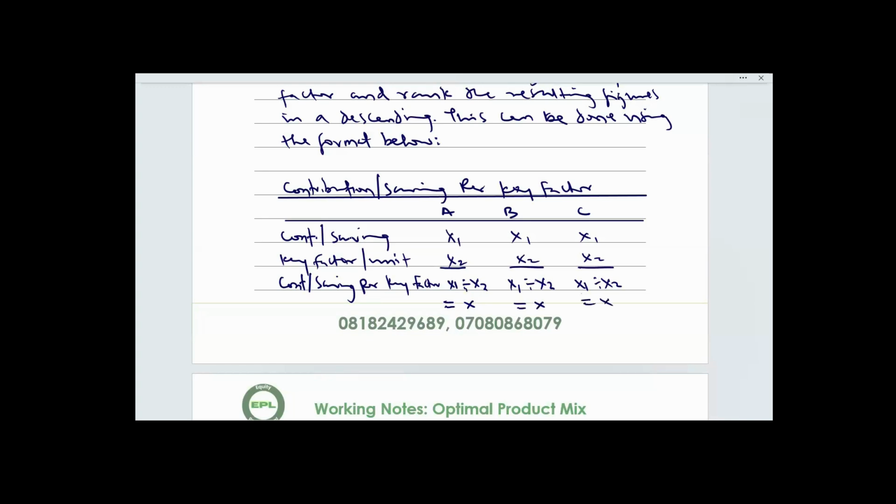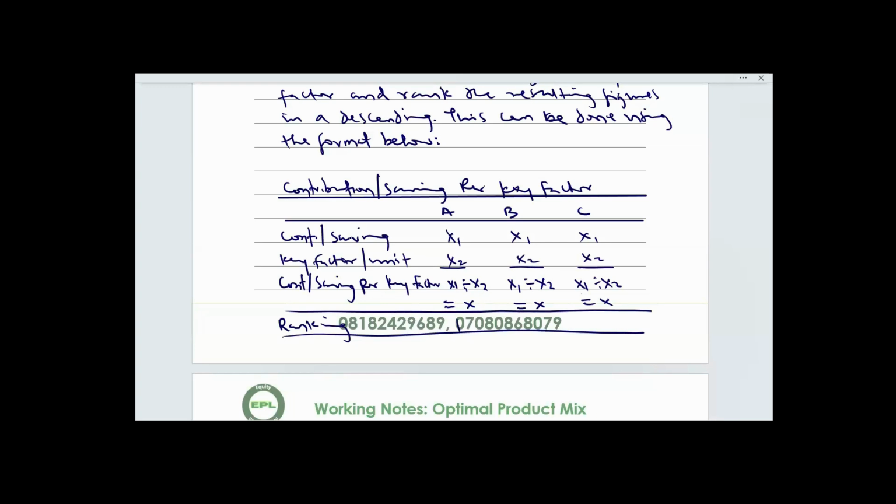Then the next thing you need to do now is to rank the results you have in descending order. So you then say ranking. You rank in descending order according to the highest contribution or saving per key factor. Let's say A has the highest ranking.